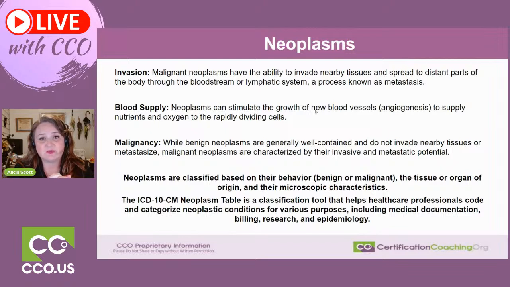Neoplasms that are malignant are rapid growing cells, and they're abnormal rapid growing cells, and they like to go places. So what do they do? They poison the entire body with a chemical that will kill rapidly dividing cells. That's why you lose your hair, because the hair cells are rapid growing cells. Your digestive tract, the inner lining of your digestive tract, rapid growing cells. They slough off faster and die faster than other parts of your body, like your fingernails.